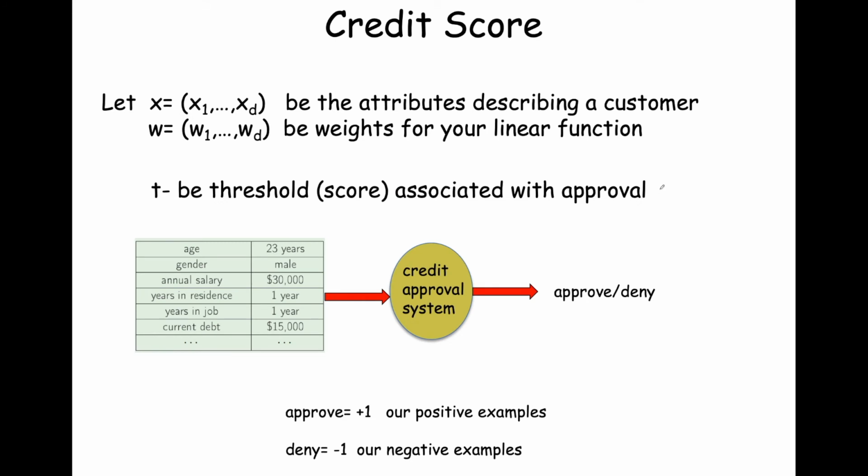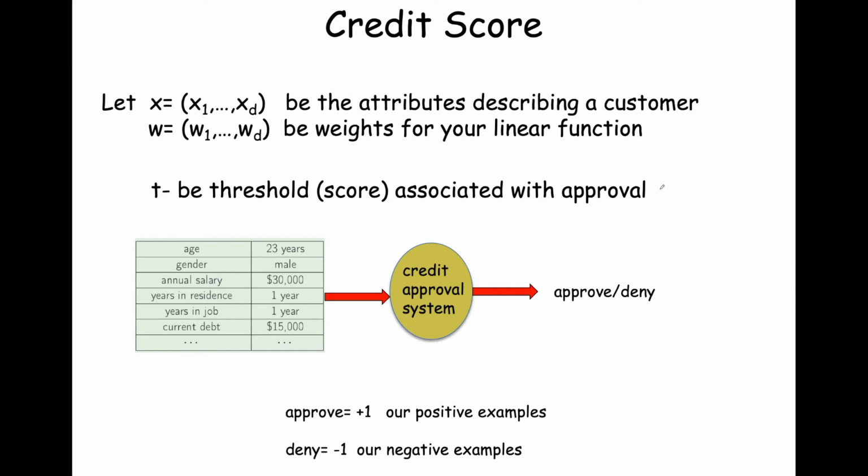And so we went back to that credit approval problem. We have our input vector representing our customer records in d dimensions, and then we also have our d-dimensional linear model. We included a threshold, and that threshold is a score representing the weighted sum of each component of the linear model along with each component of the input vector.